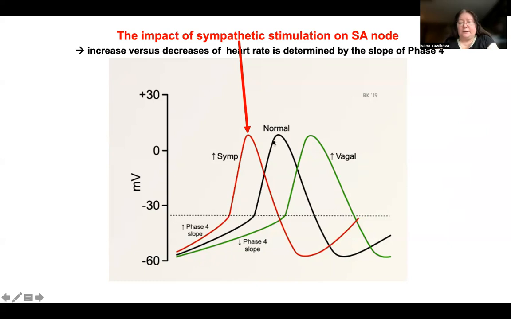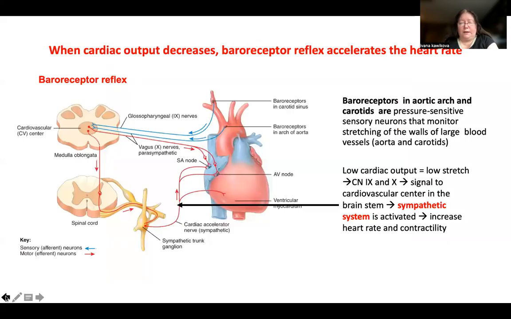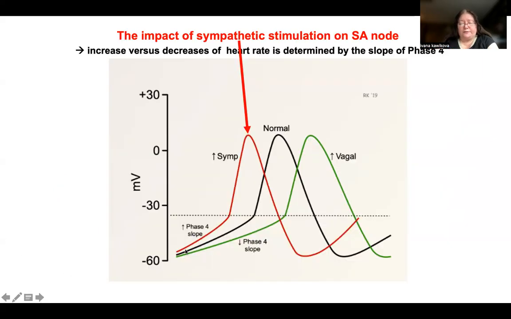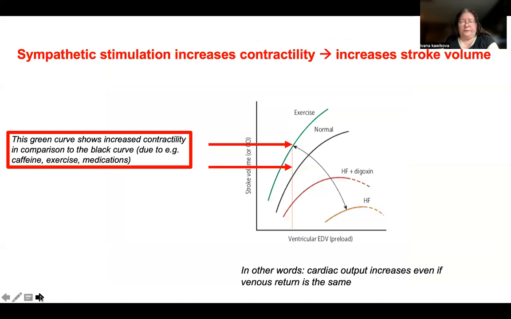And now when these centers get stimulus from the sympathetic nerve, they will beat faster, because this slope, the spontaneous depolarization, is going to be faster under the influence of the sympathetic nerve.